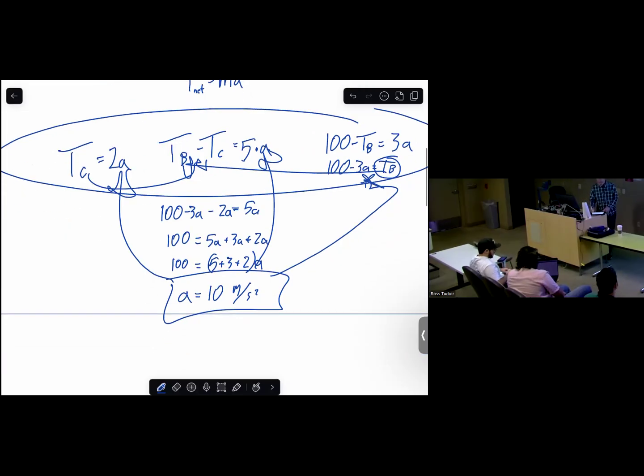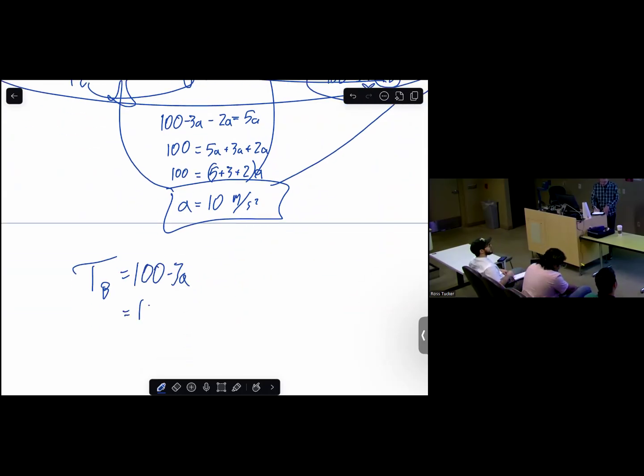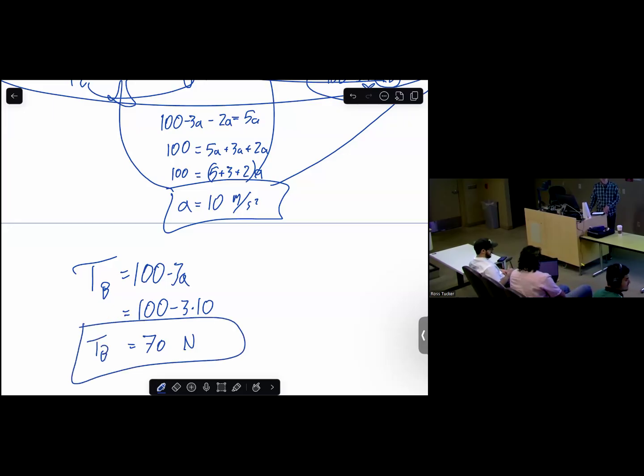More people are getting this right. I've got the expression TB equals 100 minus 3A. If I plug in A equals 10, 100 minus 3 times 10 is 70 newtons. The tension in rope B is 70.